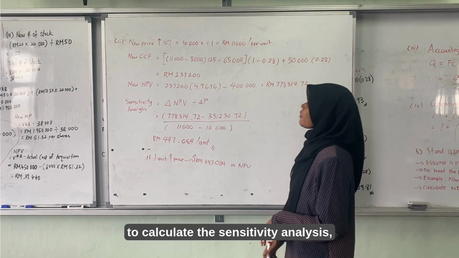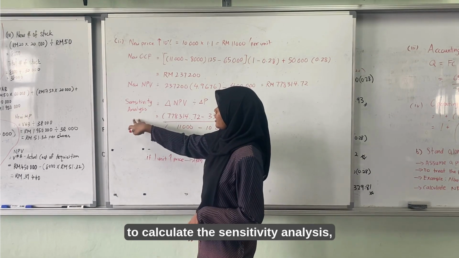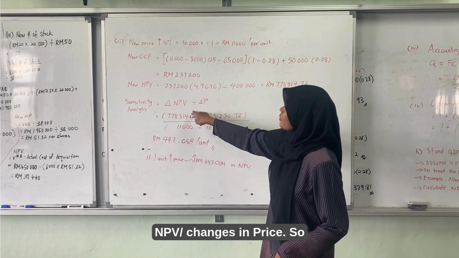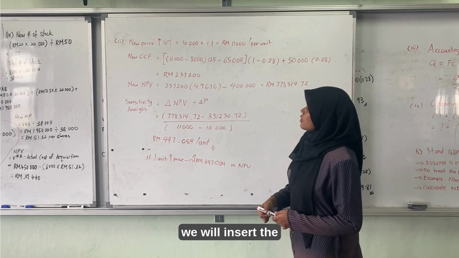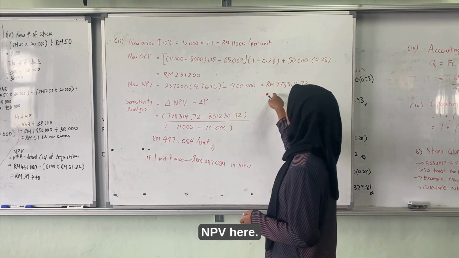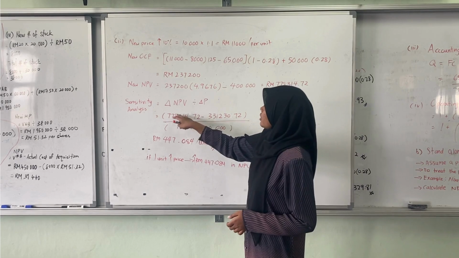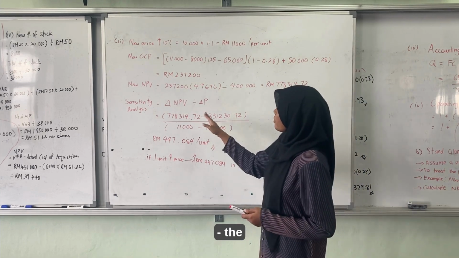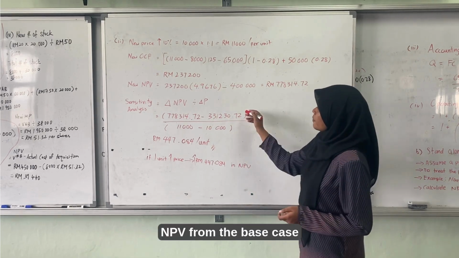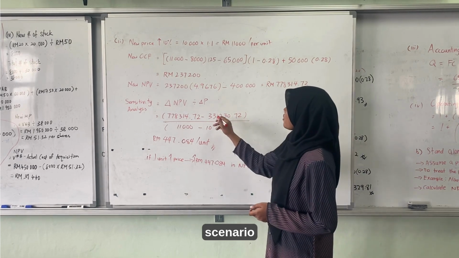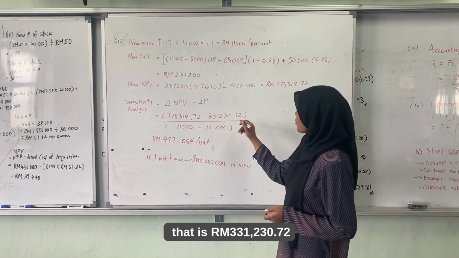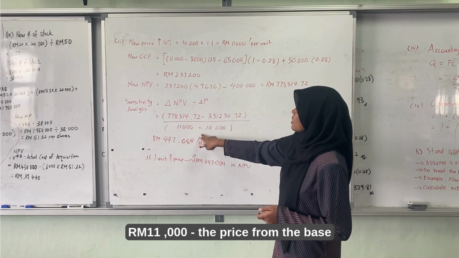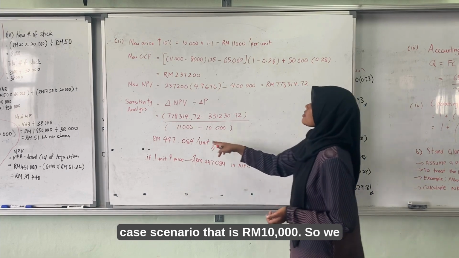RM778314.72. To calculate the sensitivity analysis, the formula is the change in NPV divided by the change in price. So we insert the NPV here, 778314.72 minus the NPV from the base case scenario, that is 331,230.72, divided by the new price, that is 11,000, minus the price from the base case scenario, that is 10,000.